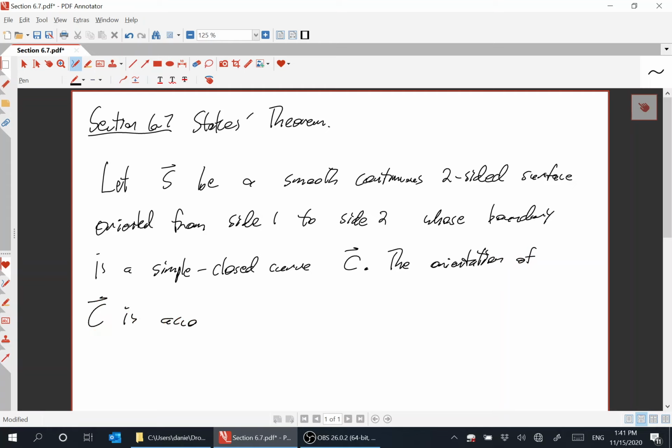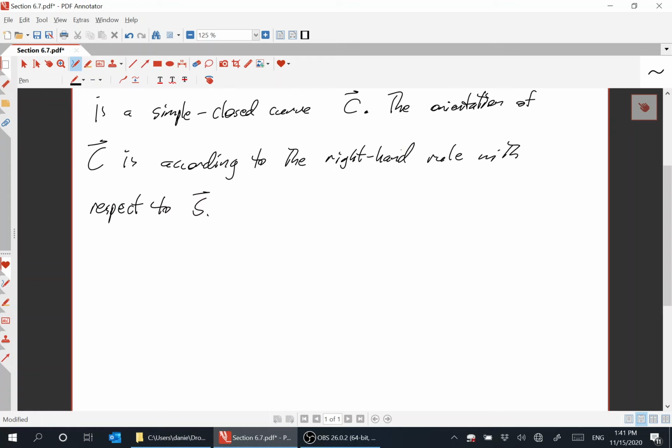C is oriented according to the right-hand rule with respect to S. Okay, what exactly is meant by that?